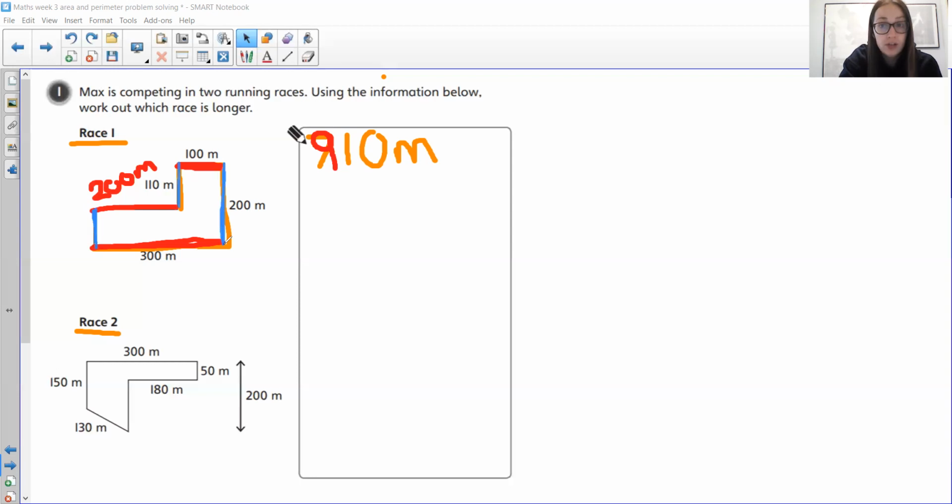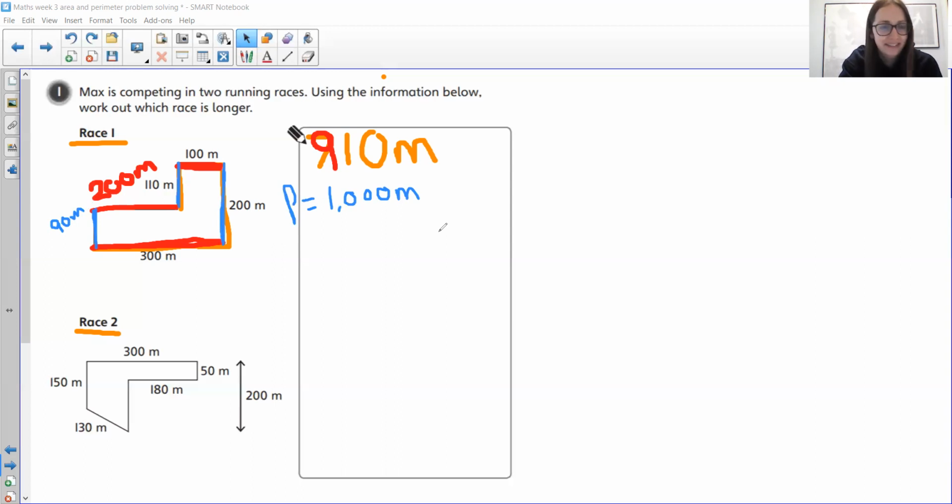So the whole thing's 200. This part's 110, so this part must be 90 meters. So 910 add 90 would be 1,000 meters. So the perimeter for race number 1 is 1,000 meters.